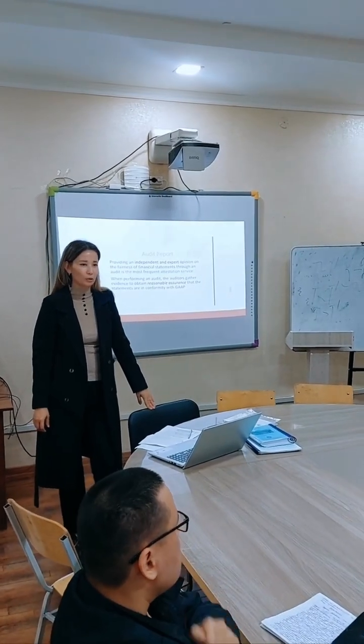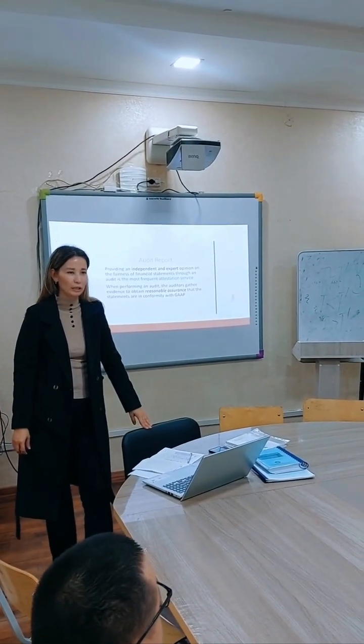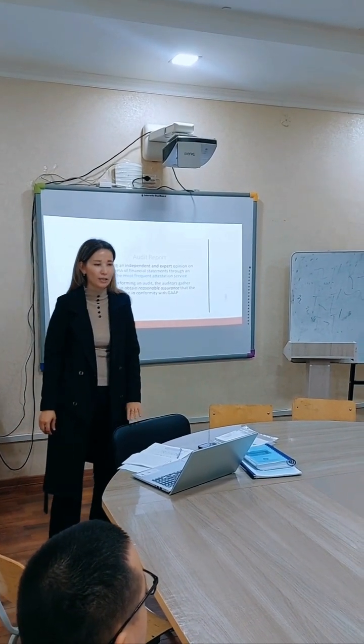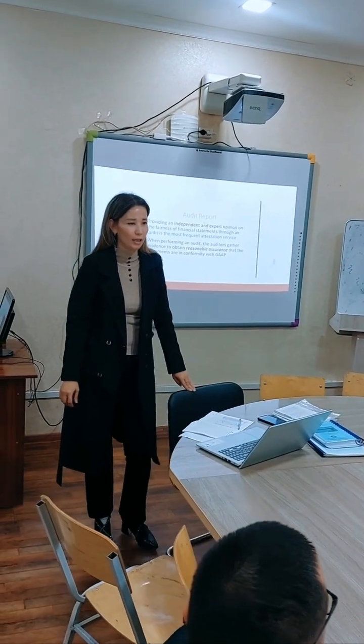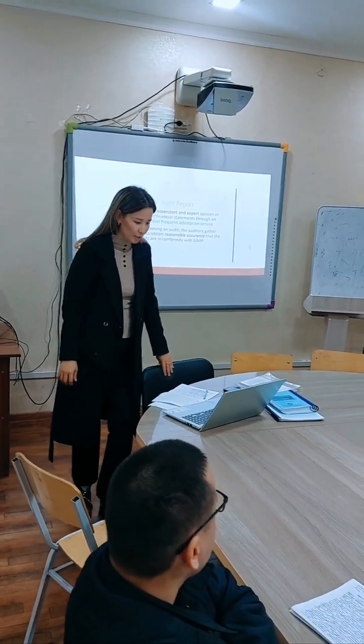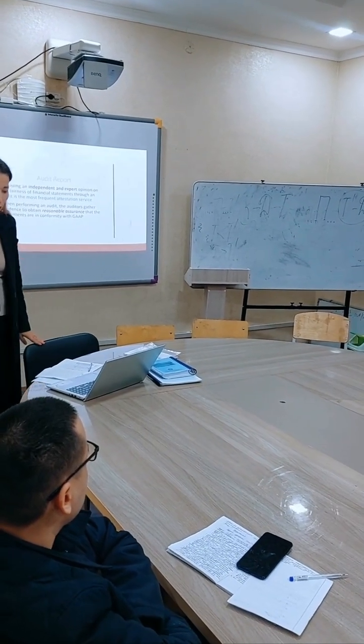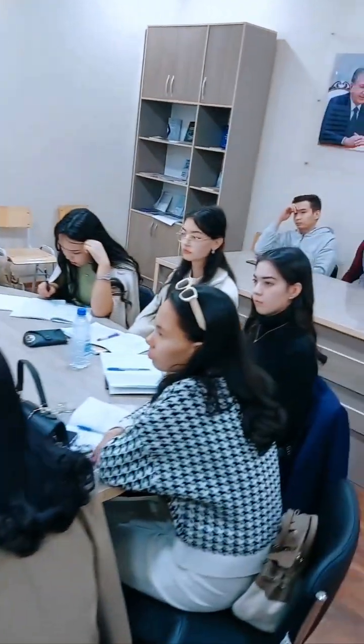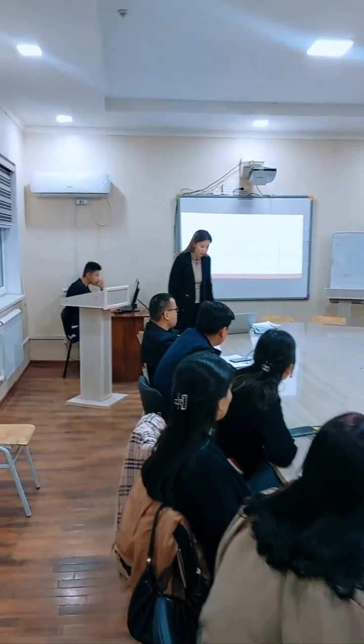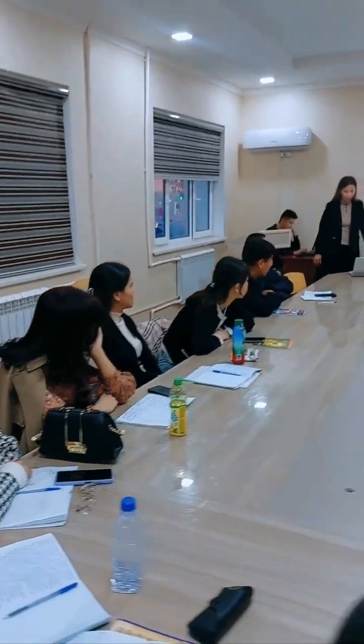In audit conclusion, we use International Audit Standards 700 and 705. The audit conclusion provides an independent and expert opinion on the fairness of financial statements through an audit, and is the most frequent attestation service.